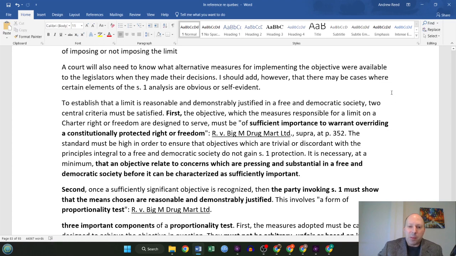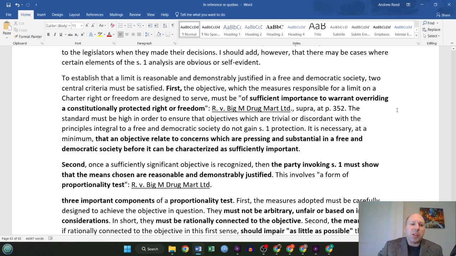This is from the Big M Drug Mart case. The standard must be high in order to ensure that objectives which are trivial or discordant with the principles integral to a free and democratic society do not gain S1 protection. It is necessary at a minimum that an objective relate to concerns which are pressing and substantial in a free and democratic society before it can be characterized as sufficiently important.